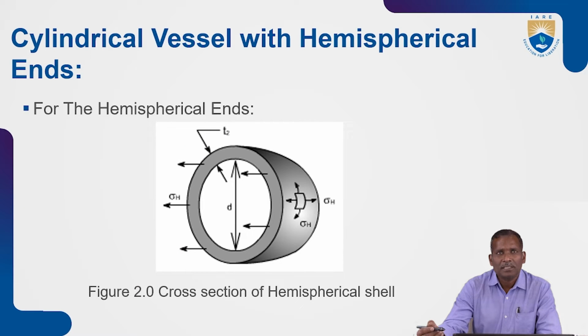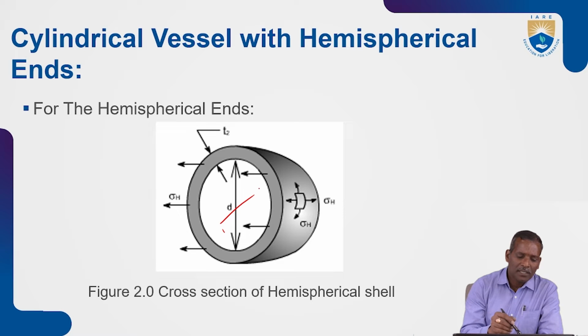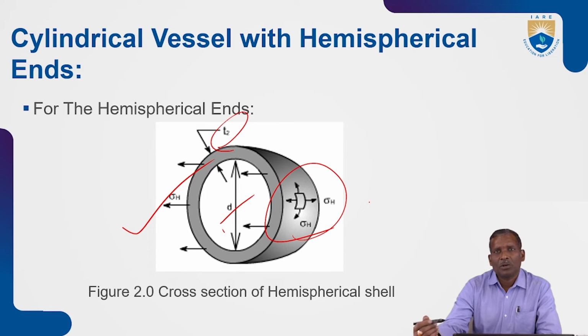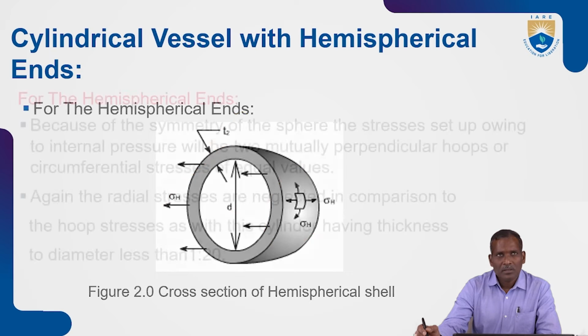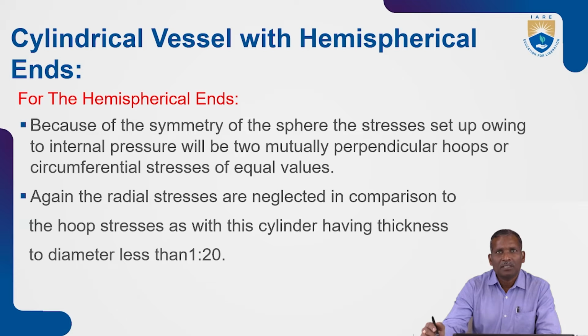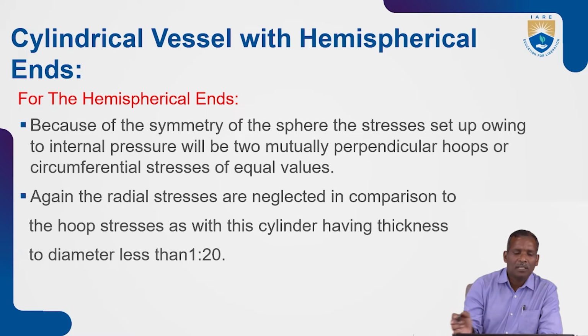For the hemispherical ends, take a cross section of the hemispherical shell. You can see the internal diameter, the hoop stress, T2, and a small portion of the hemispherical shell. For the hemispherical ends, owing to the symmetry of the sphere, the stresses set up owing to internal pressure will be two mutually perpendicular hoop or circumferential stresses of equal values.